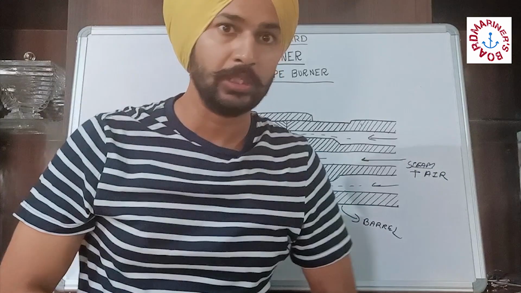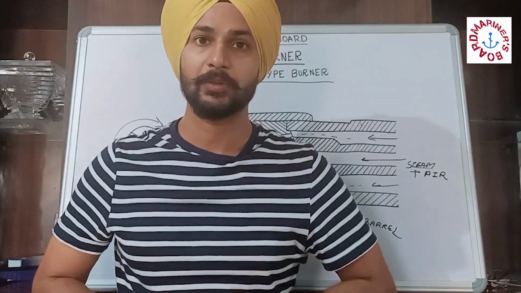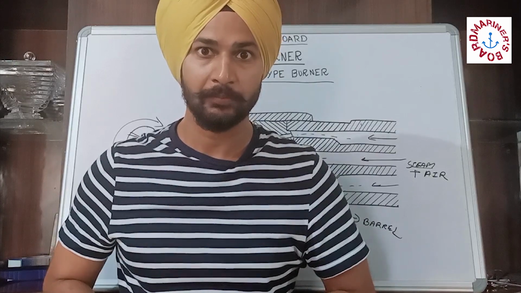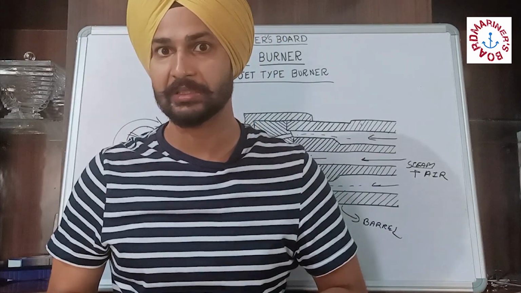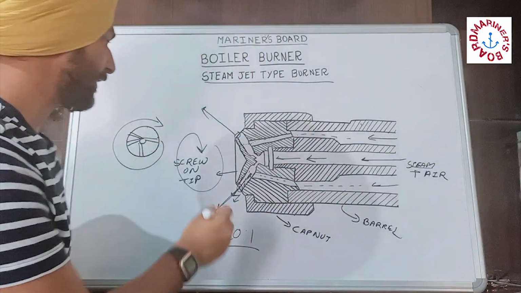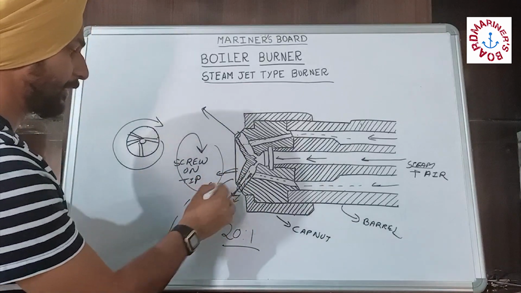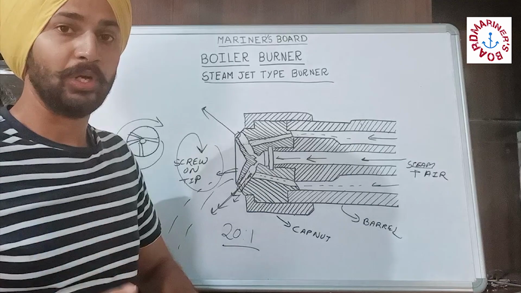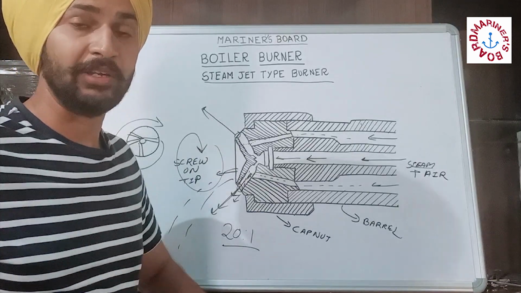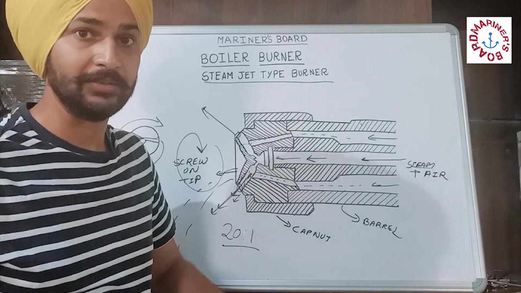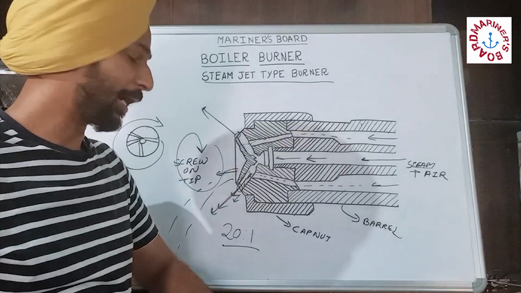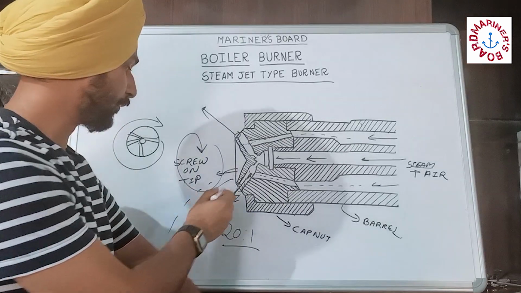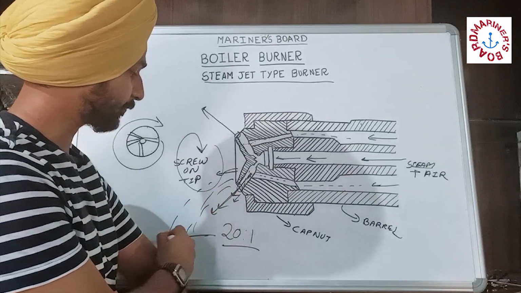Now one more thing the surveyor can ask you is, what is backfire? The burner starts leaking because of lack of maintenance, and when the burner is leaking inside our boiler, or when the boiler is not starting and we are giving several starts manually or automatically, at that time also there is accumulation of fuel inside the boiler.